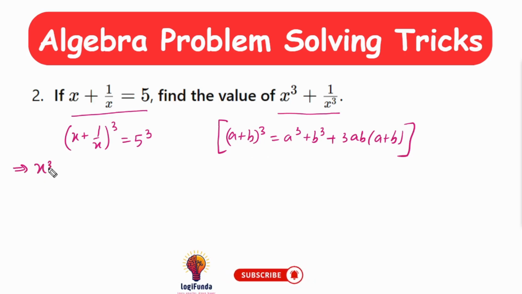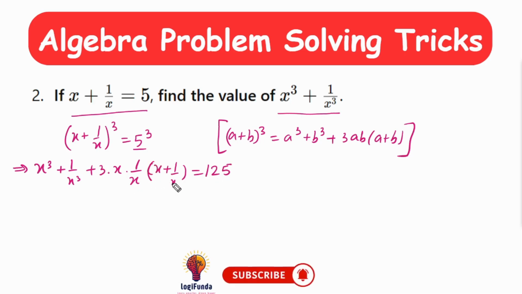So we'll get x cube plus 1 by x cube plus 3, a which is x, and then b which is 1 by x, and in bracket x plus 1 by x, is equal to, what is the cube of 5? Cube of 5 is 125.